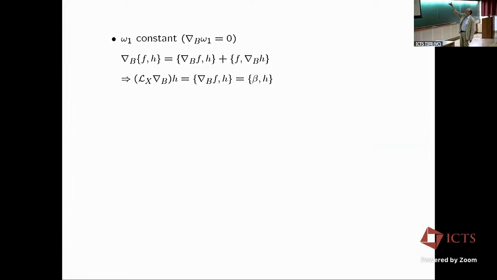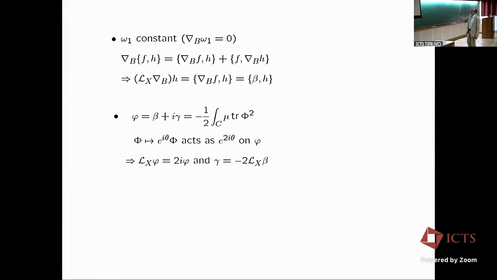So I've got the formula there. And what that means is that the Lie derivative of the flat connection with respect to the vector field X generated by f is equal to the Poisson bracket of beta with h. And so, okay, that's one equation. I know to what extent the flat connection is not invariant, where this Lie derivative is non-trivial.